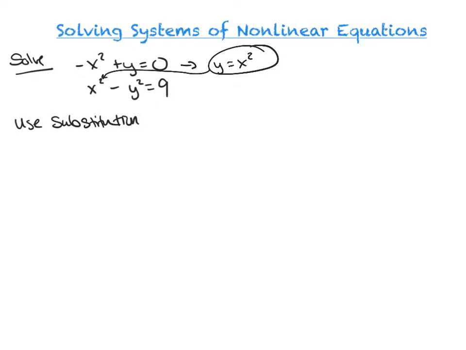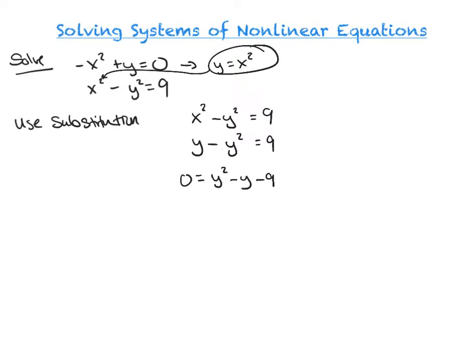So instead of x squared, we'll have y minus y squared equals 9. And I'm not thrilled that the y squared is negative, so I'm going to move everything over to the right-hand side, leaving me y squared minus y minus 9 equals 0.